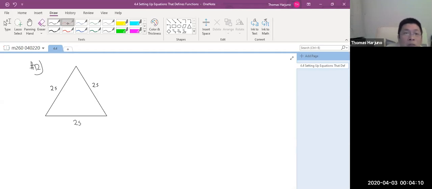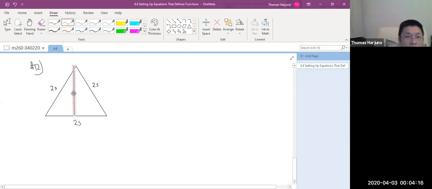Express the height of the triangle as a function of s. We want to express the height of this triangle as a function of s. So I need to find what's the height here. Because that's the height, it must be perpendicular here, right?